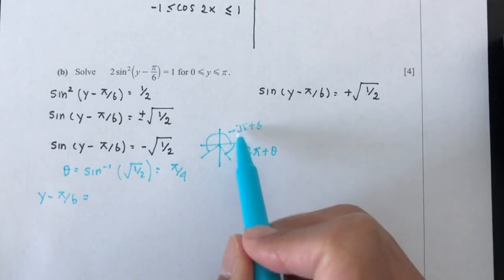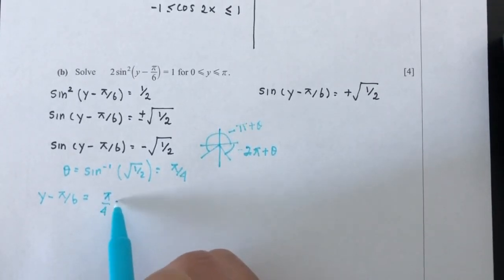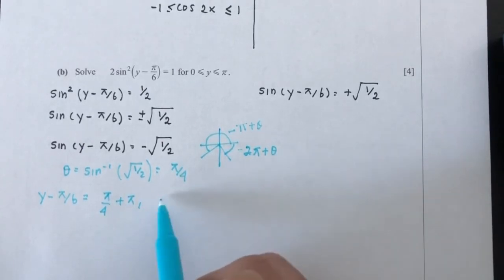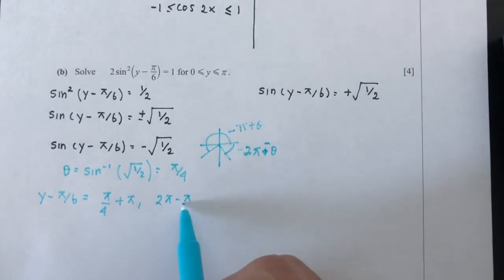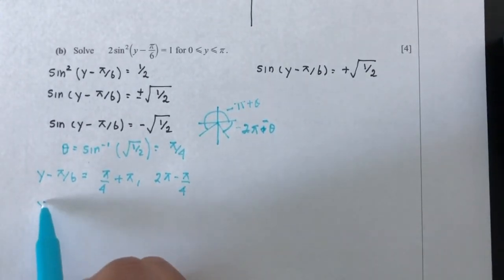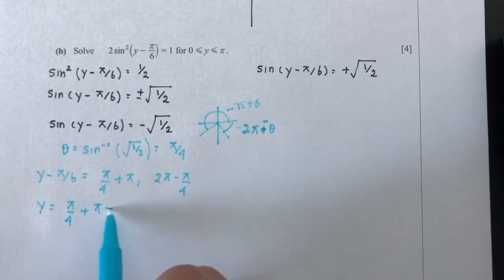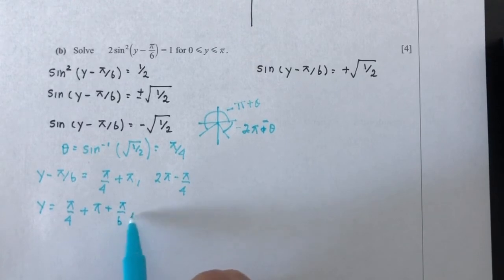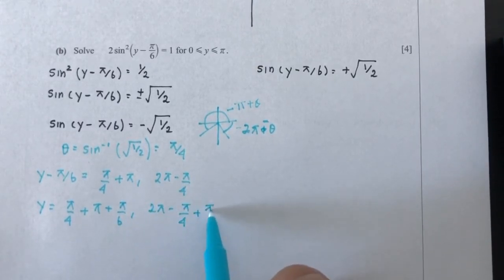So the first one will be pi plus pi over 4, and then 2 pi minus pi by 4. That will be your two values for this angle. So you have y equal to pi plus pi by 4 plus pi by 6, and 2 pi minus pi by 4 plus pi by 6.